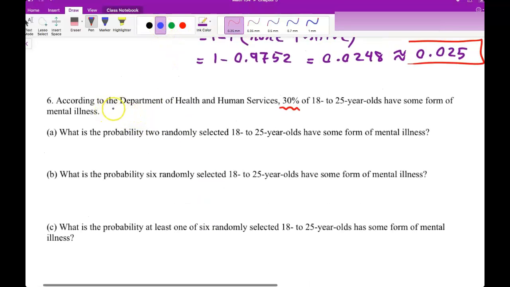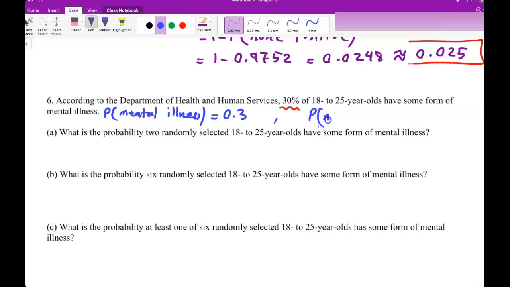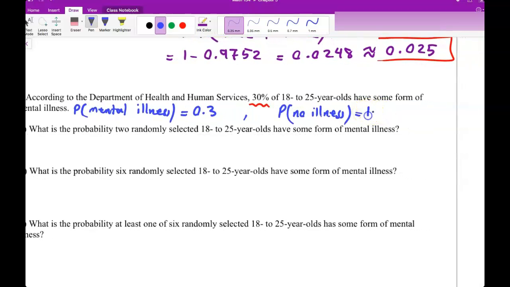What is given here is the probability of having some form of mental illness, that is 30%. So based on that, the probability of no illness is equal to 1 minus the probability of mental illness, which is 30%, so that is equal to 70%.